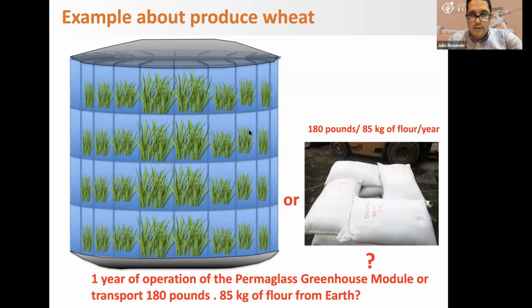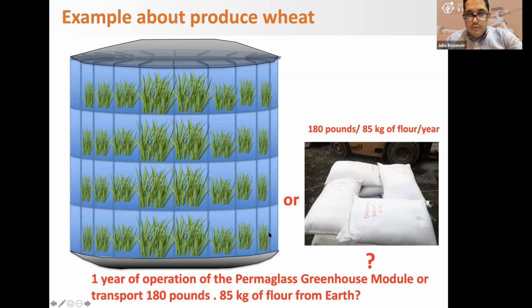It is interesting to see if some plants would be better to transport, to cultivate the plant in the model or transport the flour, the wheat from Earth, in powder. If you imagine the production of wheat during 1 year yields only 85 kilos or 108 pounds, maybe it would be better to transport the flour, the powder, to space instead of producing wheat in space.